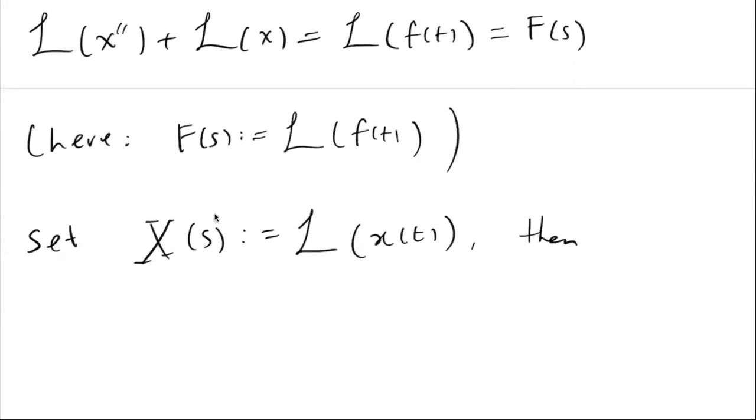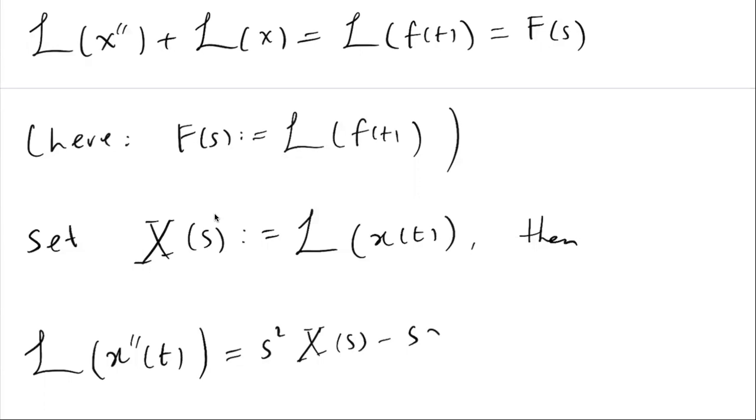Then Laplace transform of x double prime will be s squared capital X of s minus s x of 0 minus x prime of 0, which will be the same as s squared capital X of s.